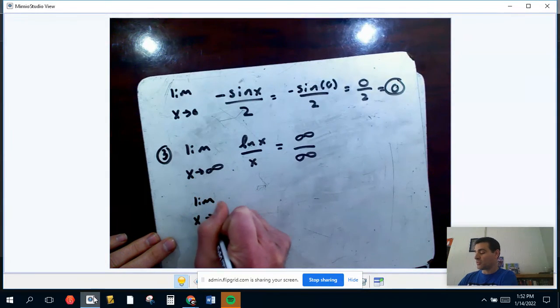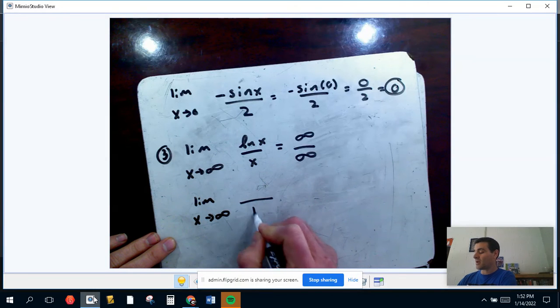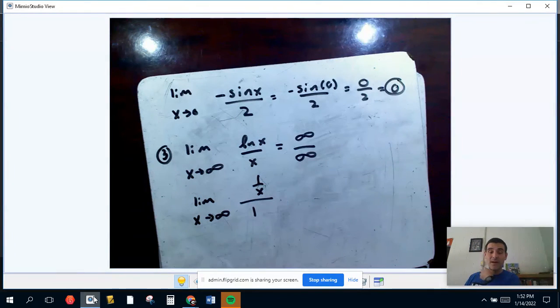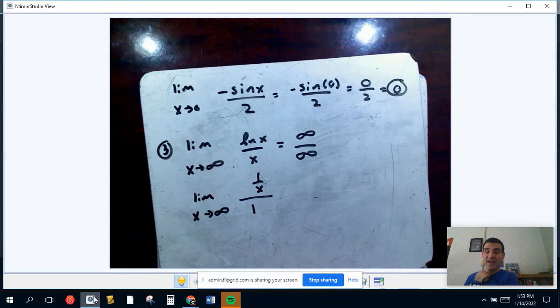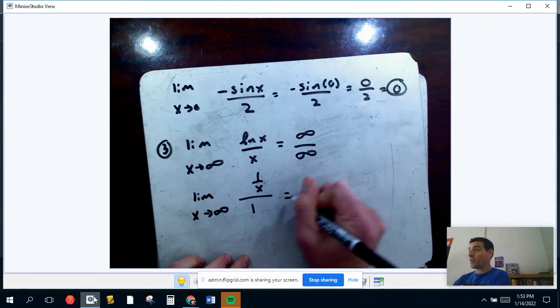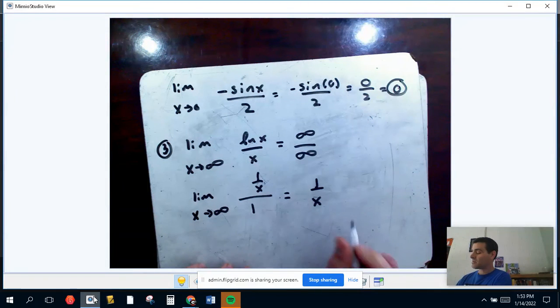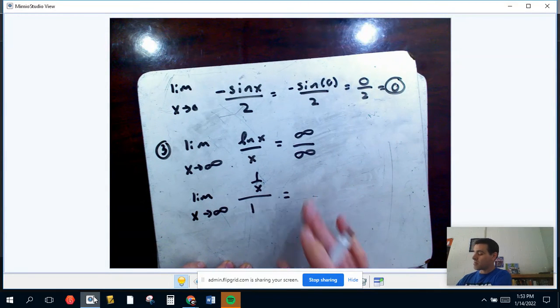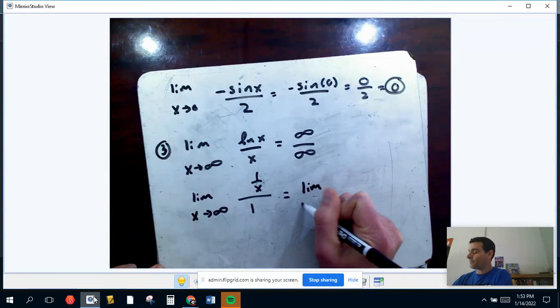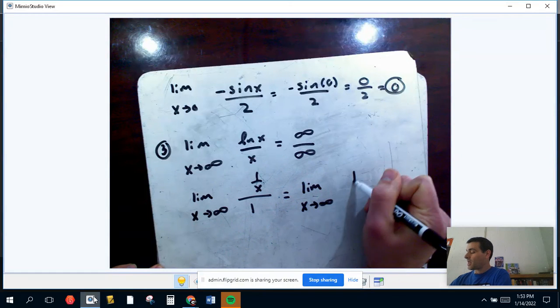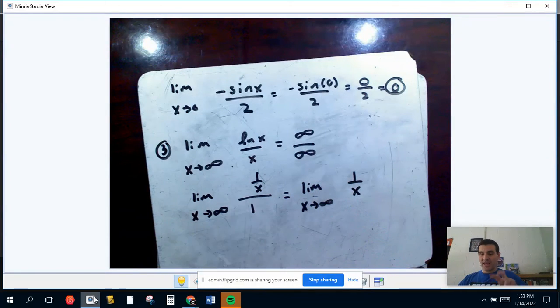Okay, so L'Hopital's rule, again, says I can just take the derivative of top and bottom. So the derivative of the natural log of x is 1 over x. The derivative of x is 1. 1 over x divided by 1 is 1 over x. Okay, so let me write my limit. Okay, and if I put infinity in, you don't really do that.